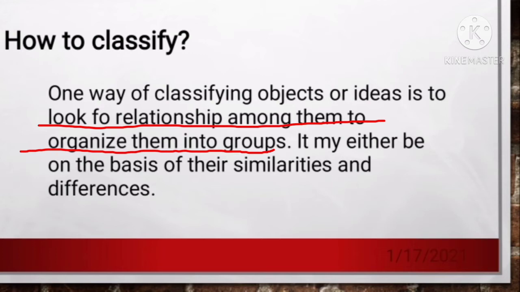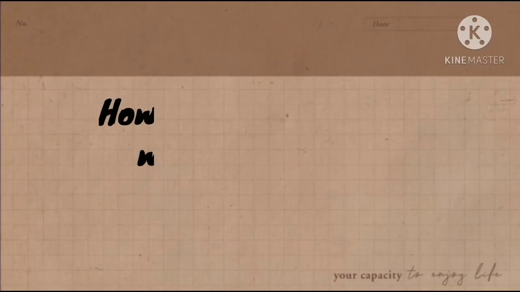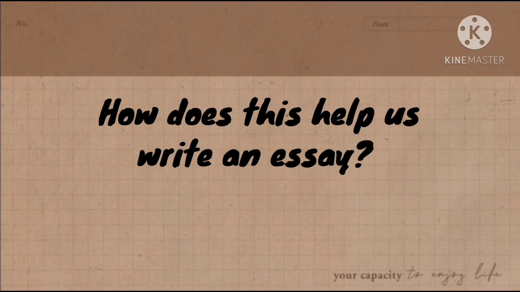It may be on the basis of their similarities and differences. An important part of creating useful categories is seeing the different ways that things can be grouped. Make sure that the categories you create have a single basis of classification and that the group fits the categories you propose. So, how does this help us write an essay?